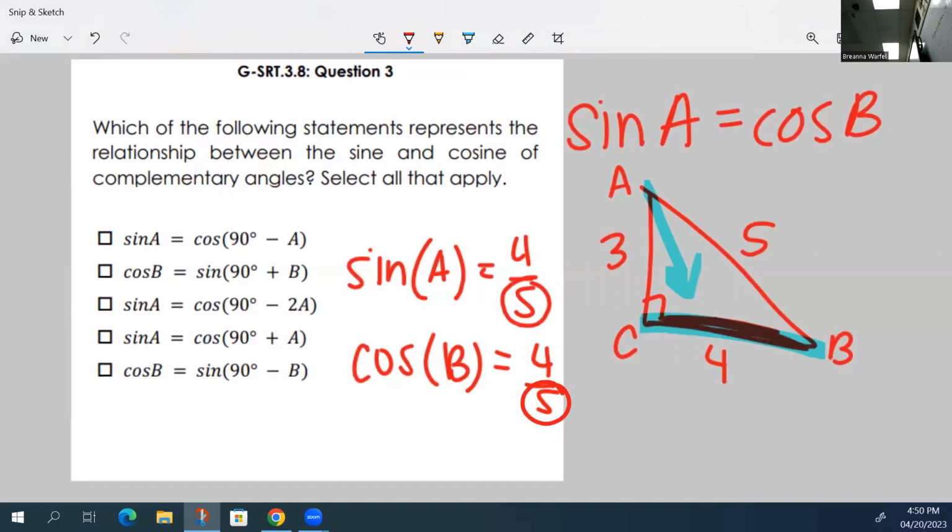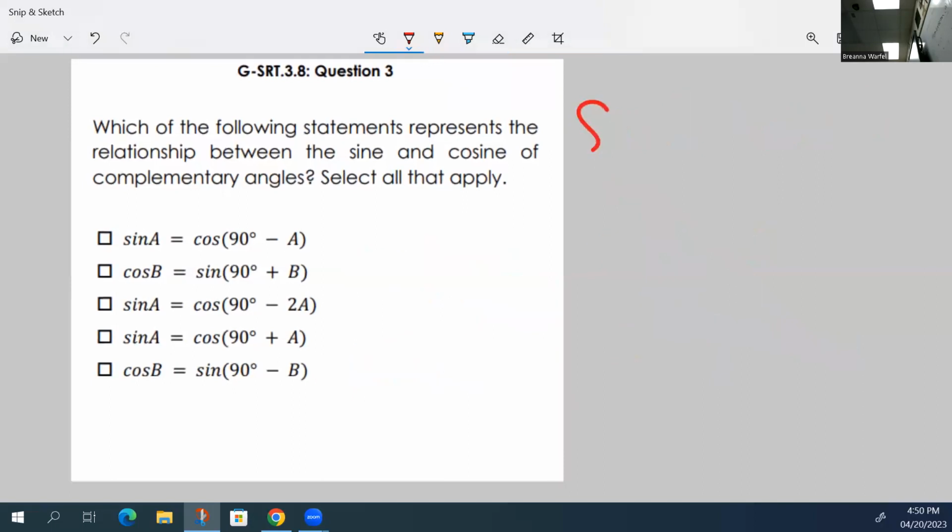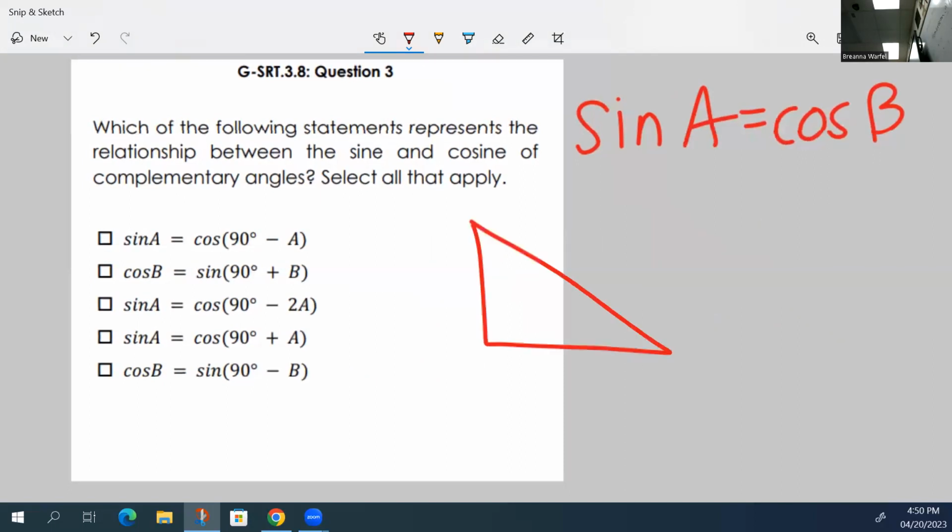So sine of A is equal to cosine of B. Sine of one of the angles is equal to cosine of the other angle. And that's what this question is asking. Now, the only thing is they write it really weird, but I'm going to show you where they get this from.